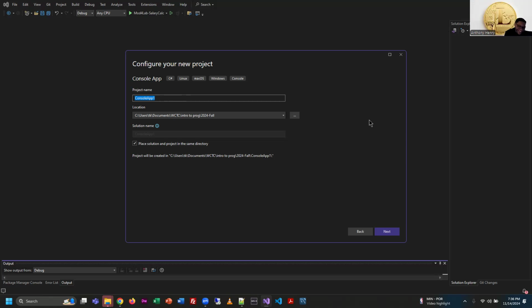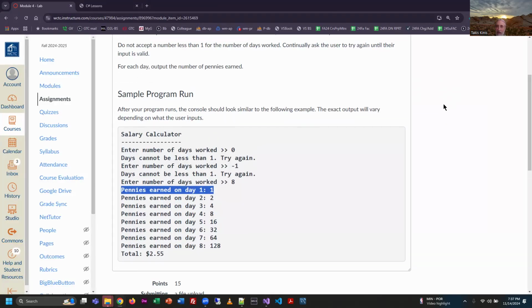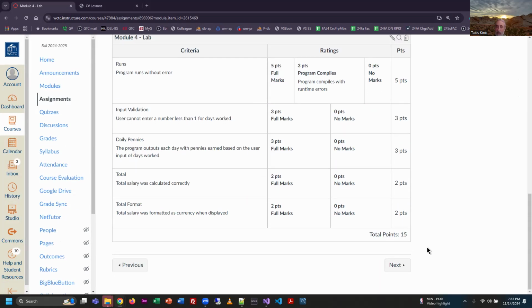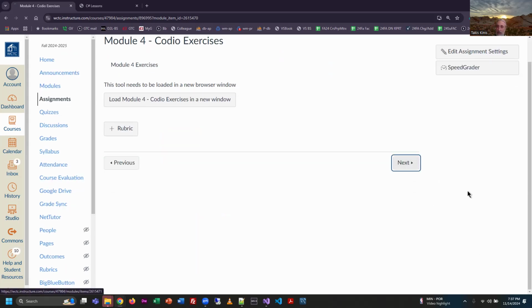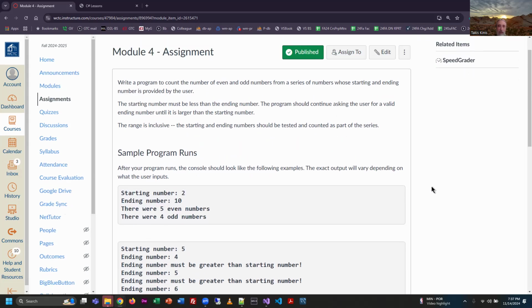All right. Before I go naming our assignment, let's read it to make sure we're doing it correctly. So I got to click through a couple screens here. All right, so here's the assignment. Write a program to count the number of even and odd numbers from a series of numbers whose starting and ending number is provided by the user.